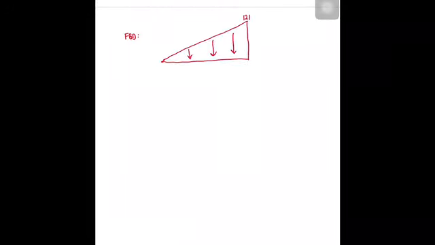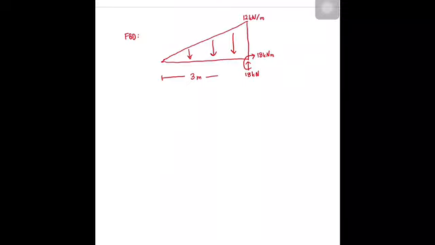So first you have to draw the free body diagram. The maximum magnitude of this linear distributed load is 12 kilonewton per meter, and the support reactions that we already calculated are 18 kilonewton and the moment 18 kilonewton meter, and the distance from here to here is 3 meter.